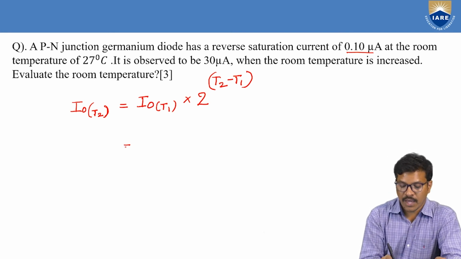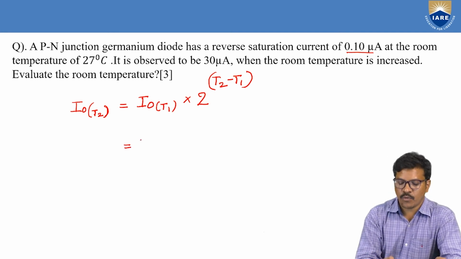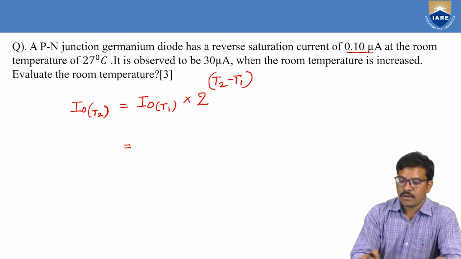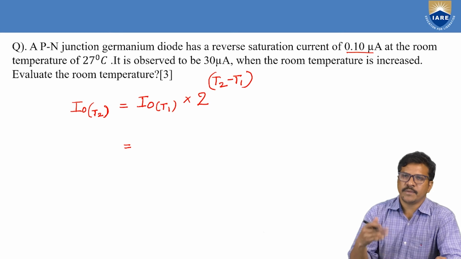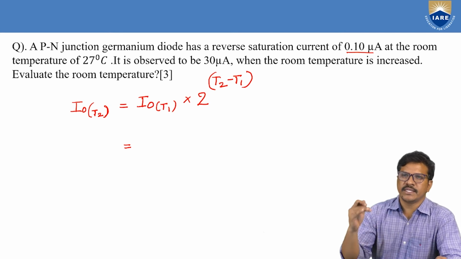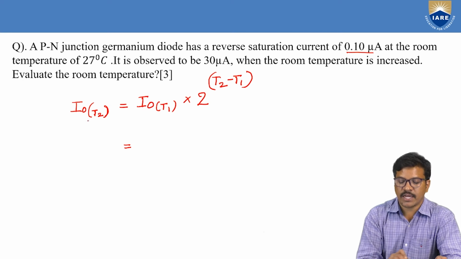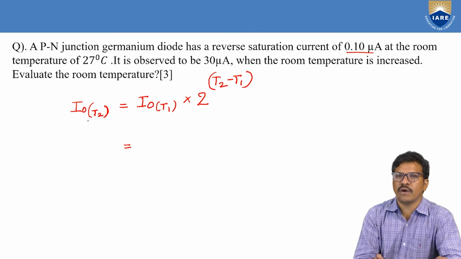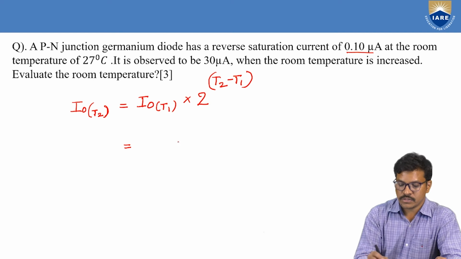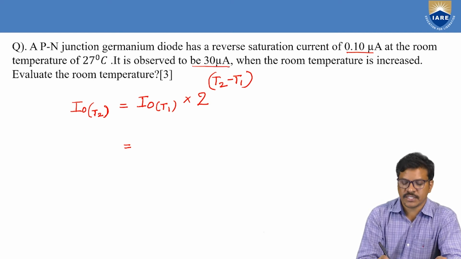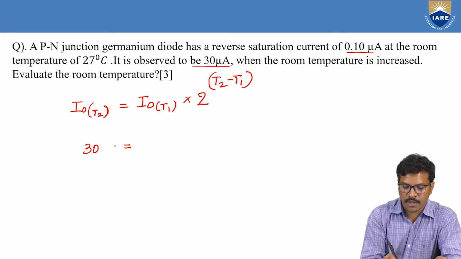So we have the given parameters: I01, the reverse saturation current at temperature 27 degrees, and when temperature increases from T1 to T2, the observed reverse saturation current I02 is 30 microampere. Then what will be the value of T2?